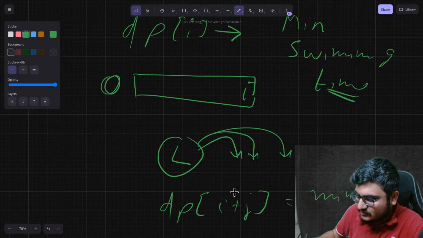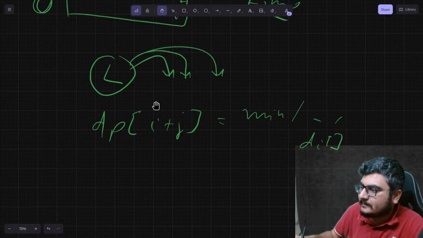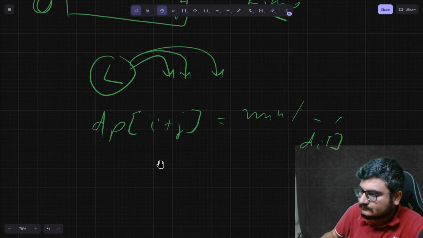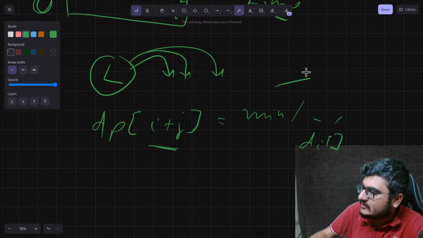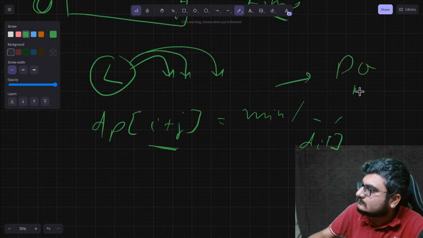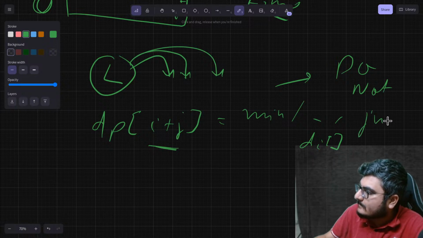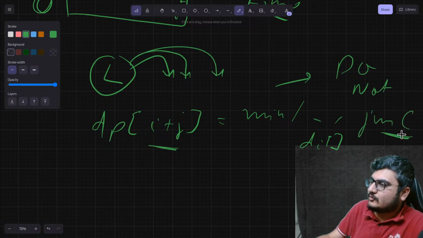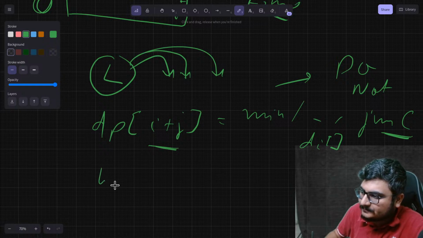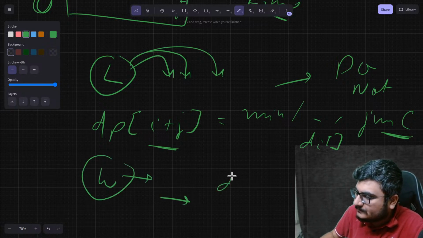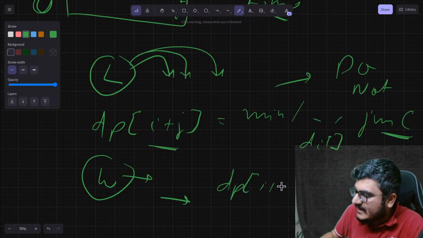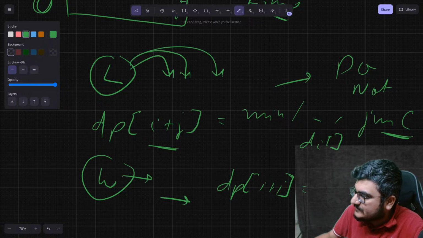And ensure that you do not jump on a crocodile. And if you are on water, you don't have a choice but to swim once. So dp of i plus 1 is the minimum of whatever the current value is and 1 plus dp of i.